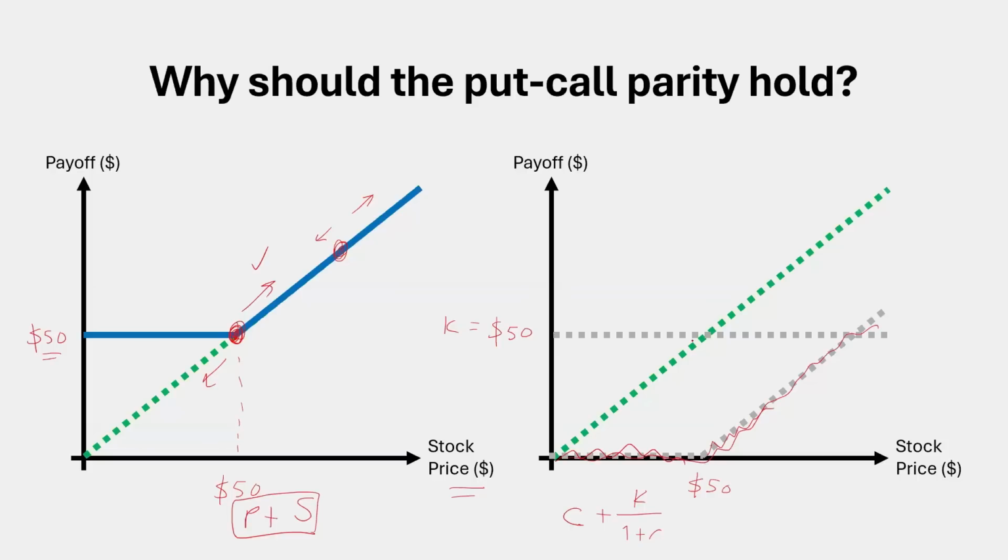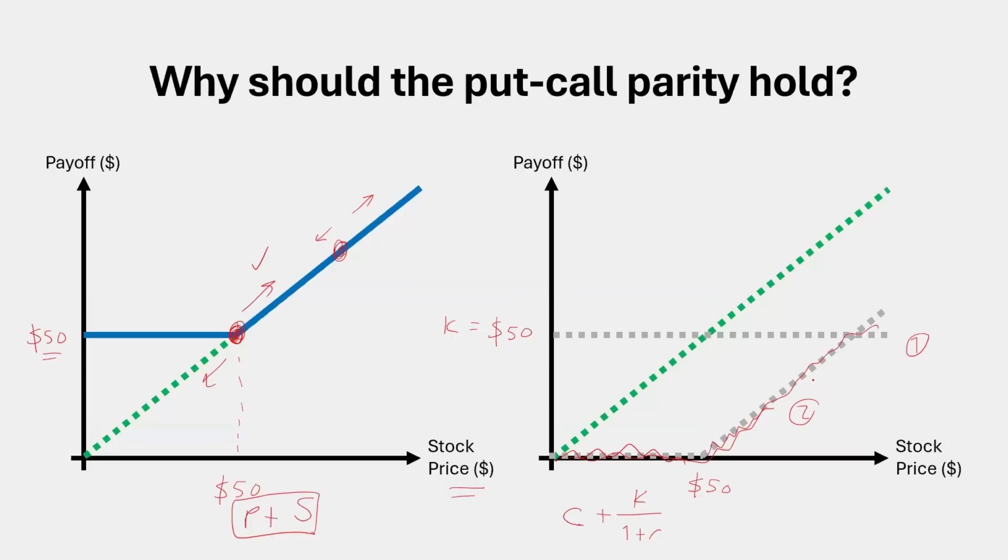So this is a risk-free zero coupon bond maturing exactly at the same point when the call option expires. And this K over 1 plus R is the price I need to pay today to purchase that zero coupon bond. So let's call this horizontal line the first part of my investment, and let's call this call option the second part of my investment.